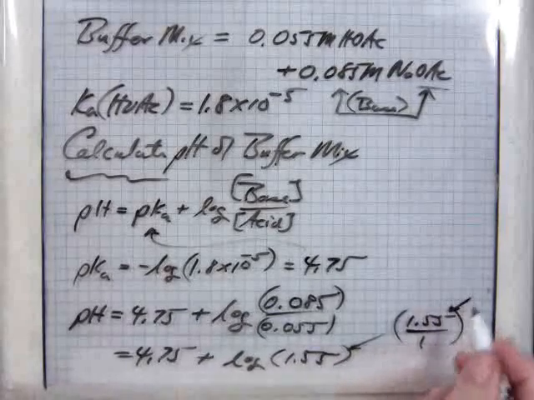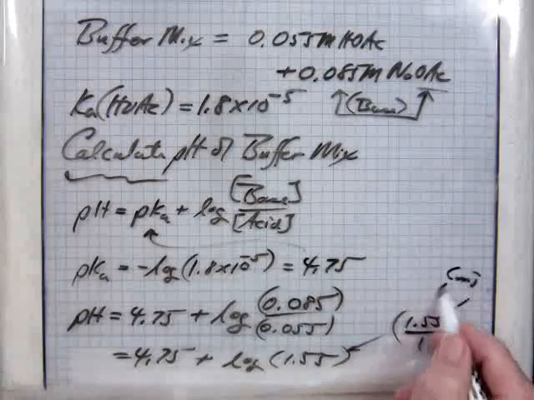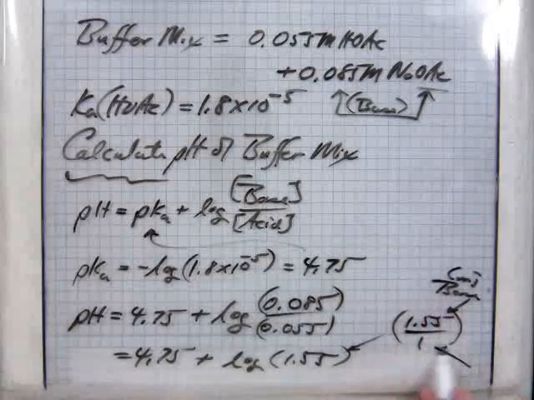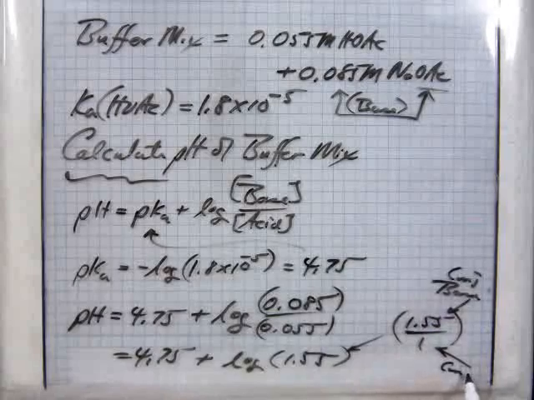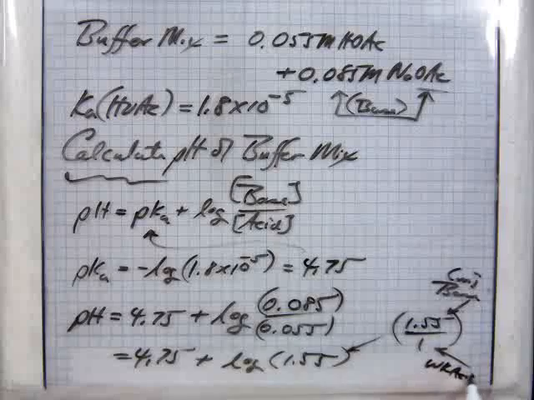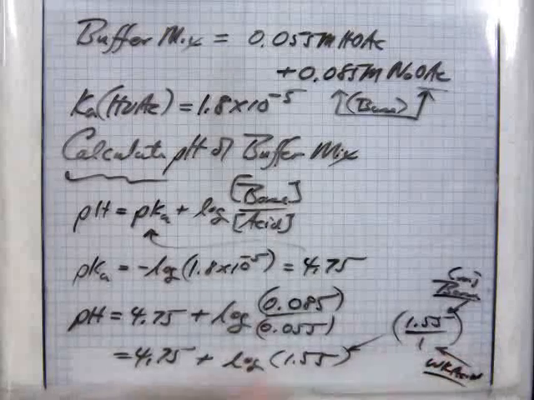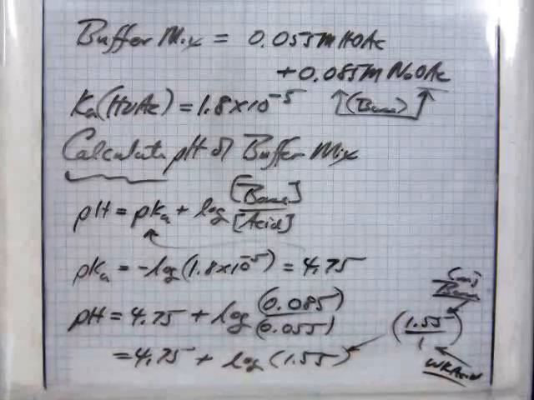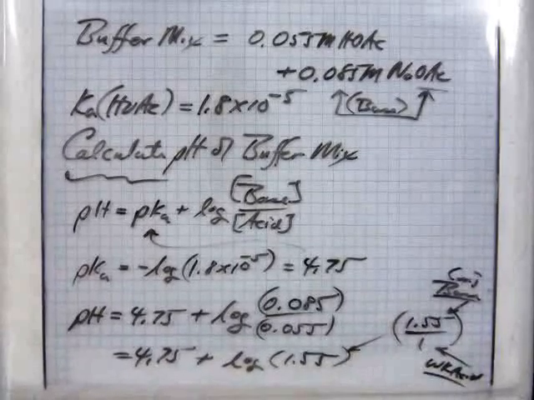This is your conjugate base, and that's the concentration of your conjugate, or your weak acid. And I'll show you another calculation out of that that you'll need later on to understand how this is used right here and why it's important.